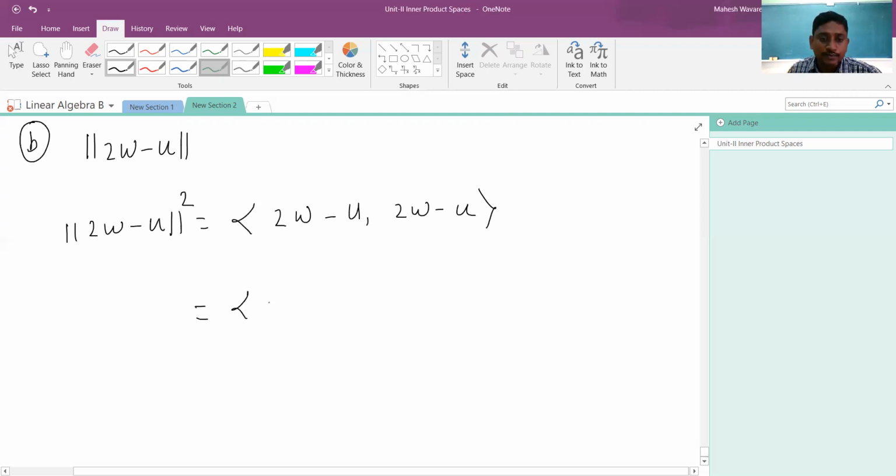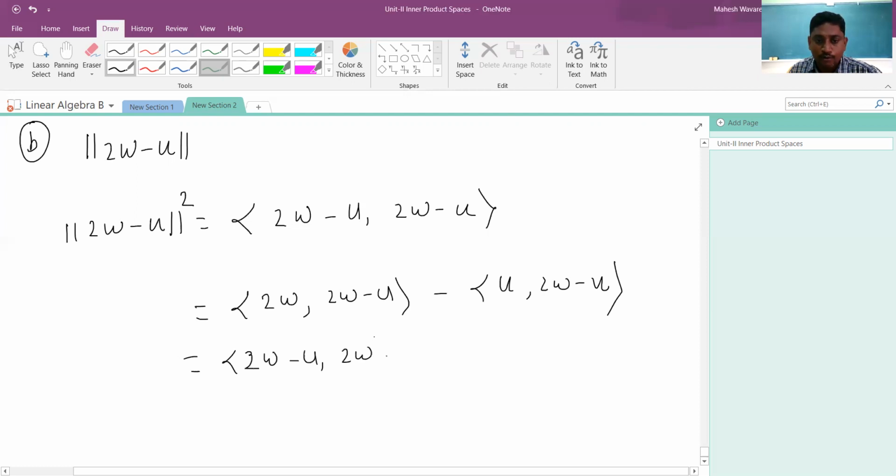So the additivity axiom tells us that 2w comma 2w minus u, minus, I will take it directly out, u comma 2w minus u. Once again, the symmetry axiom you can apply: 2w minus u comma 2w minus 2w minus u comma u.